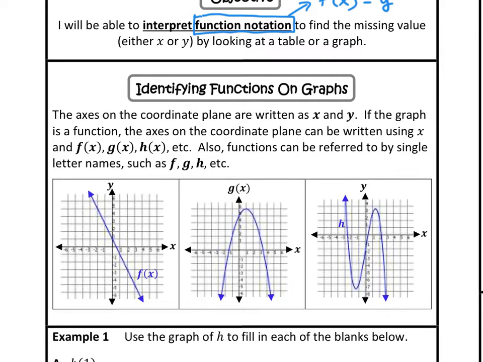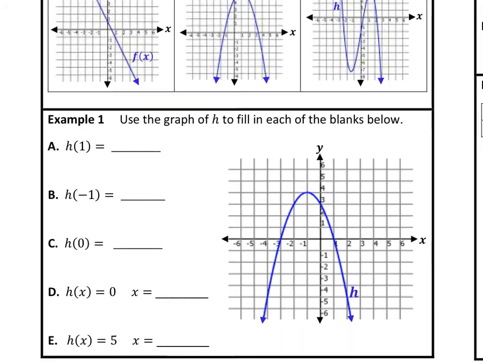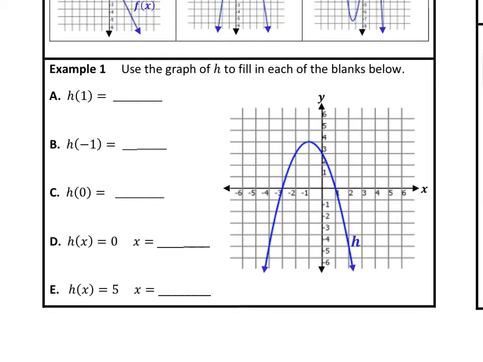And again, feel free to pause the video at any point. So let's look at the first example. The first example has 5 parts to it. It says, use the graph of h to fill in each of the blanks below.